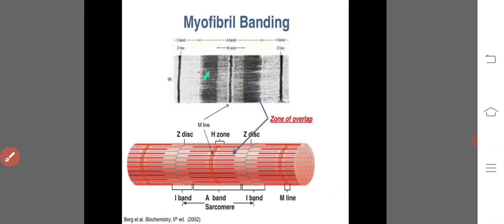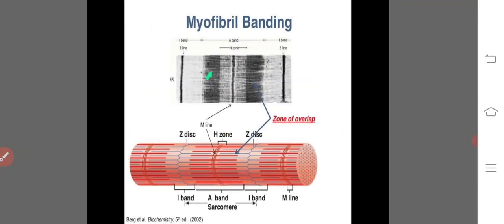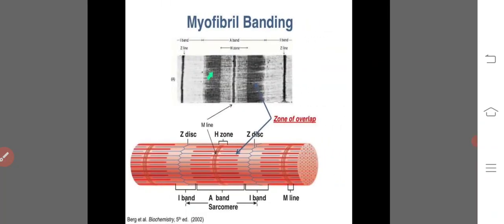Then coming to the ultrastructure of the muscle fiber or myofibril. Myofilaments are joined end to end to form the myofibrils and form highly ordered repeating units called sarcomeres.